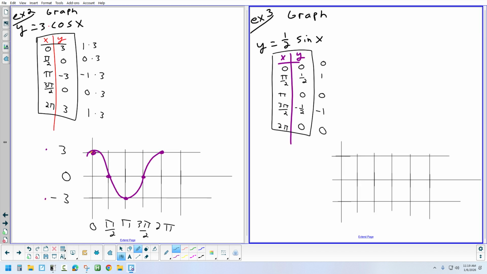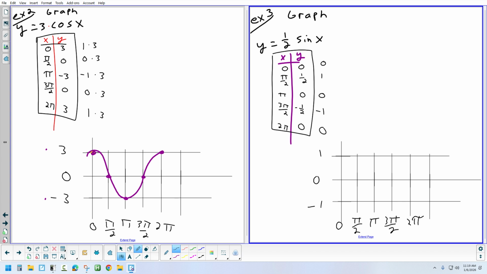All right, I think I'm just going to leave my y values at -1 and 1, because 1/2, I can go in between the lines pretty easily. And my x's. Okay, so this one will look compressed because I didn't change my scale. I am going to change the size of the picture, but when you change the picture and make it smaller, sometimes that's easier than having to make it huge.